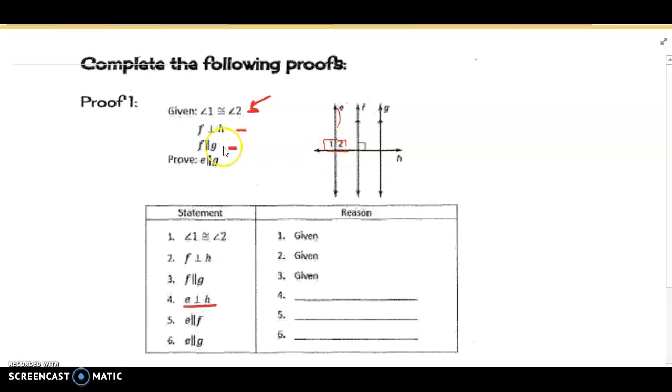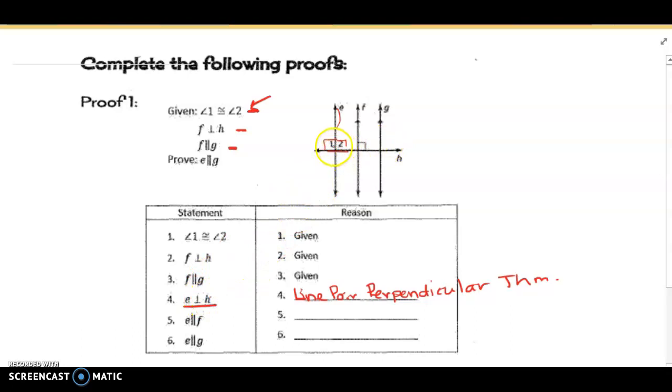And so remember, the linear pair perpendicular theorem tells us that if we have a pair of congruent angles that are also a linear pair, then they have to be perpendicular. So that's why they're perpendicular.